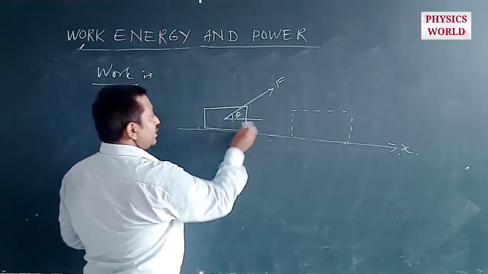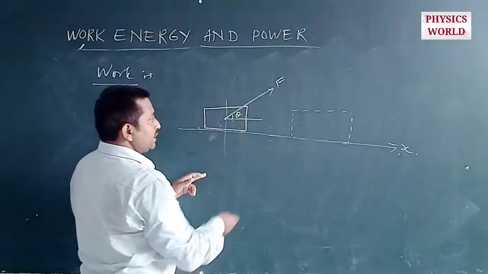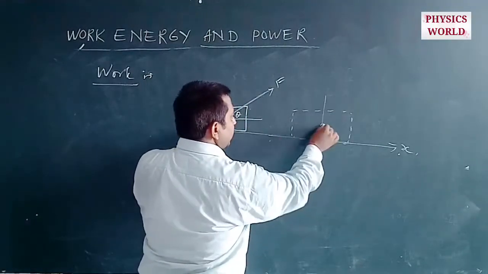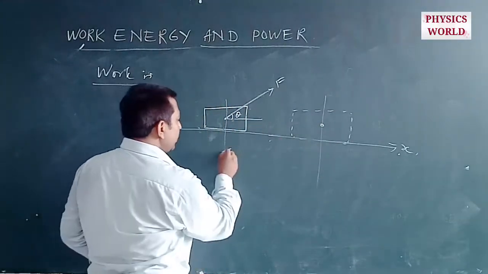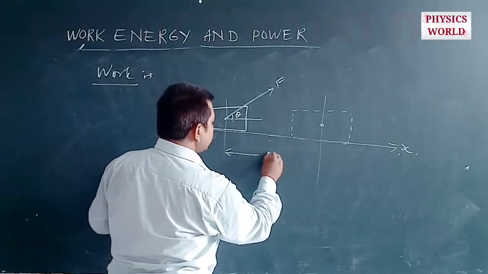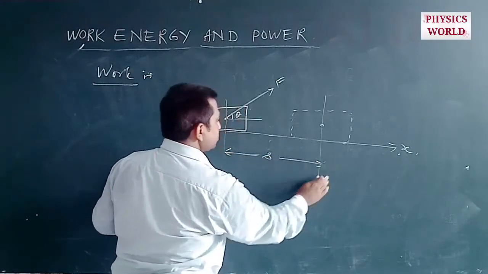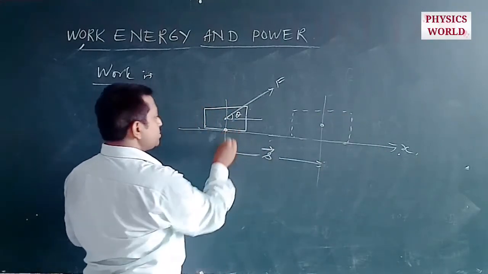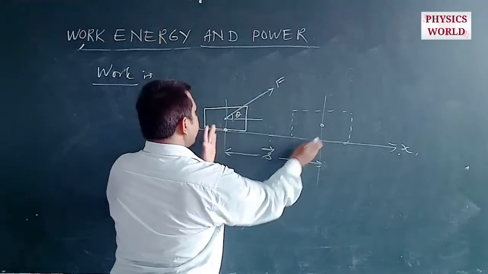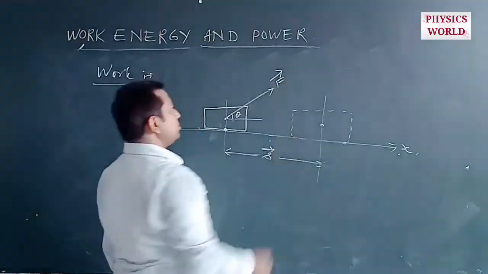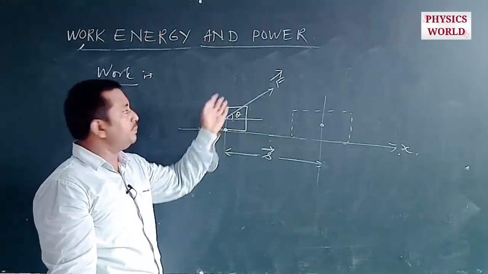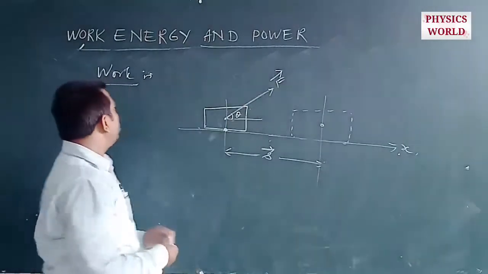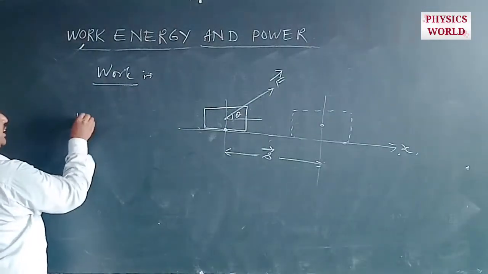So work done, suppose that the object displaces from this position to this position, then what will be the value of this displacement? Suppose s, and this displacement can be defined in a particular direction, so it can be written as the displacement vector. Okay, and the force by which we can displace this object can be represented by vector F. So work can be defined as what?